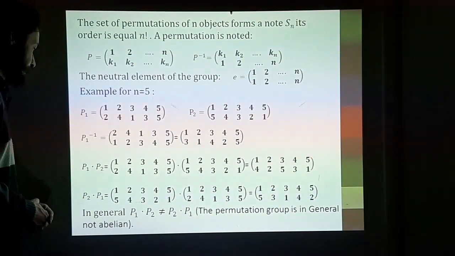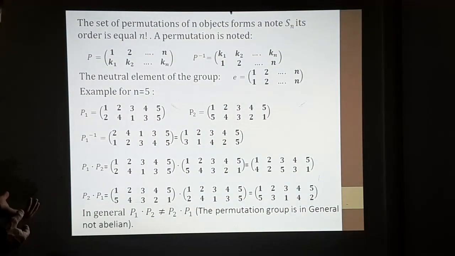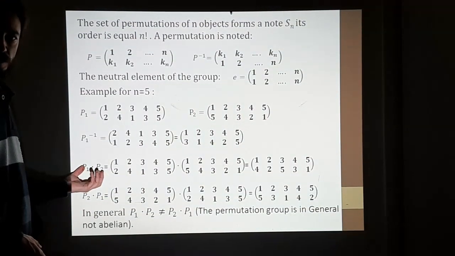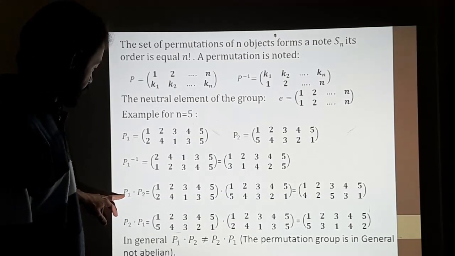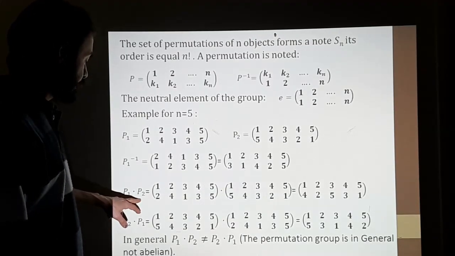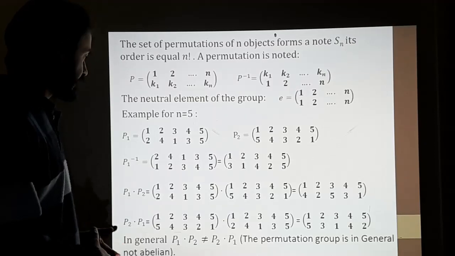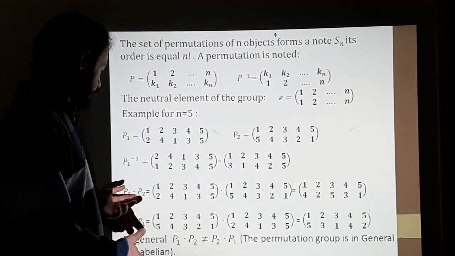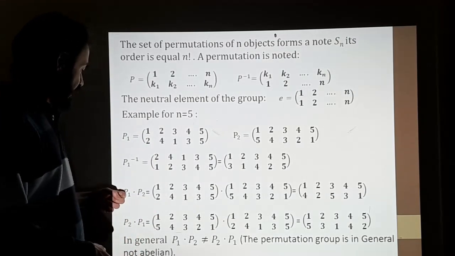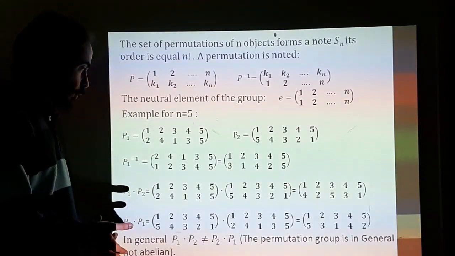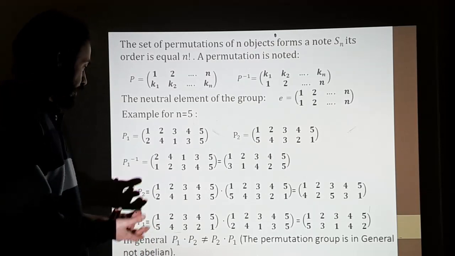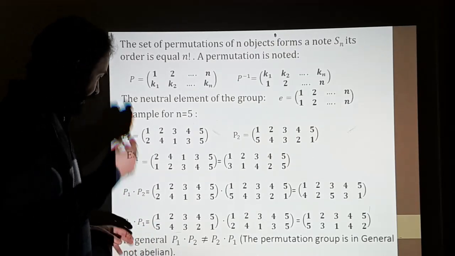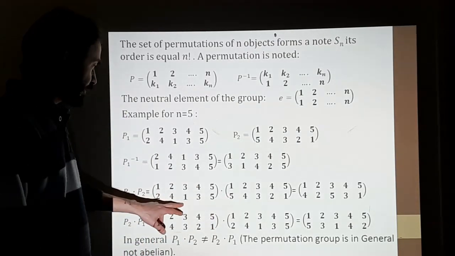Now, if I want to calculate the product of two permutations, so if I want to evaluate the permutation 1 multiplied by the permutation 2, this means that I make the permutation 2 and then I make the permutation 1 on the permuted objects. So this is permutation 2, this is permutation 1.